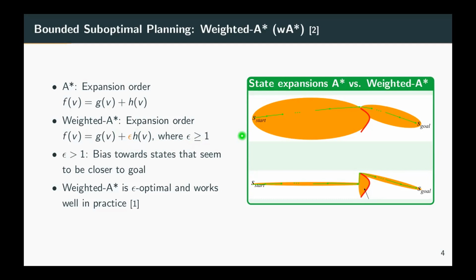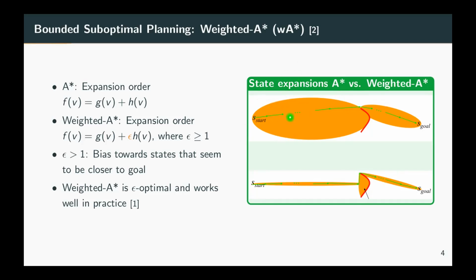And the belief comes from the user-defined heuristic function. And it turns out that weighted A star, even though it's an extremely simple extension to the original A star algorithm, is actually bounded suboptimal, which means the solution that it returns at the end is at most epsilon times the true optimal solution. And in practice, it actually works really well.